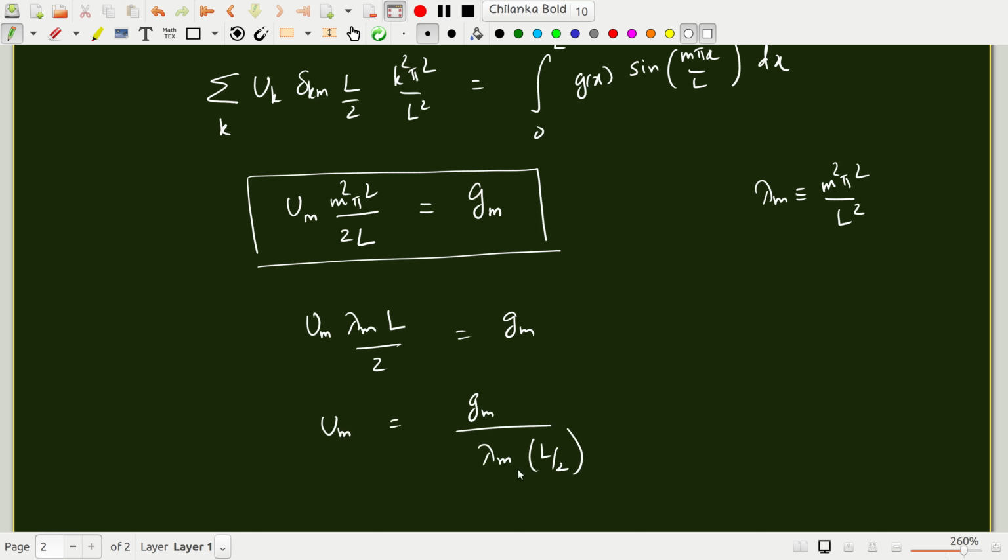This is just because our eigenfunctions weren't normalized. Otherwise, if you had normalized eigenfunctions, then the coefficients of expansion will be simply given. These are the unknown coefficients of expansion.